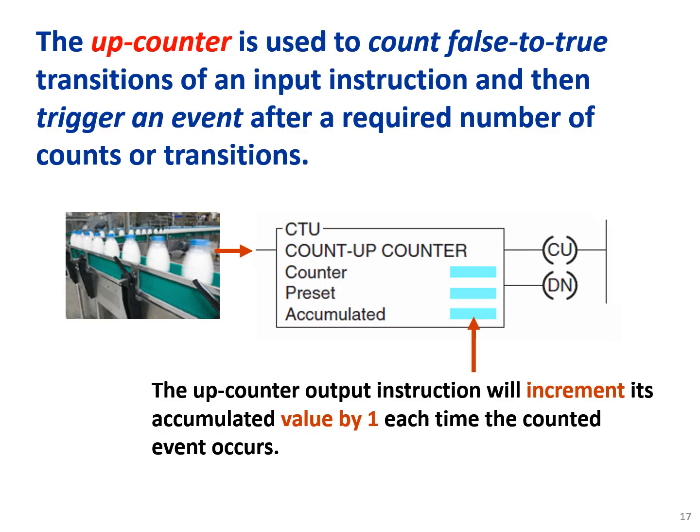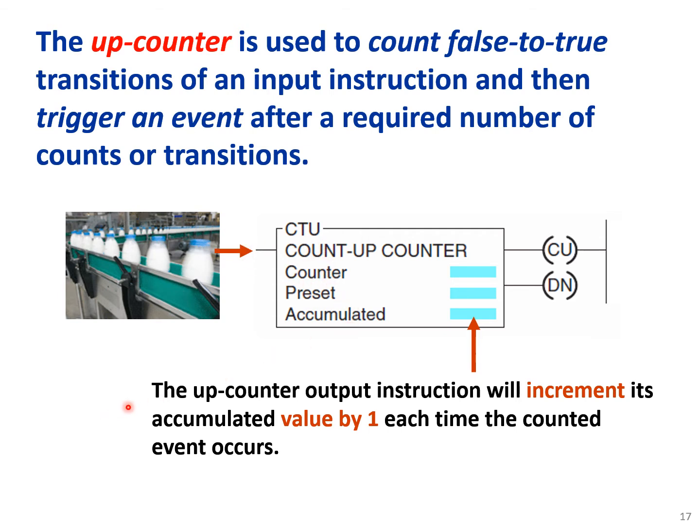Up counter. The up counter is used to count false to true transition of an input instruction and then trigger an event after required number of counts or transitions. So here we have a bottle of milk, and we have a sensor that sends signal to the up counter.